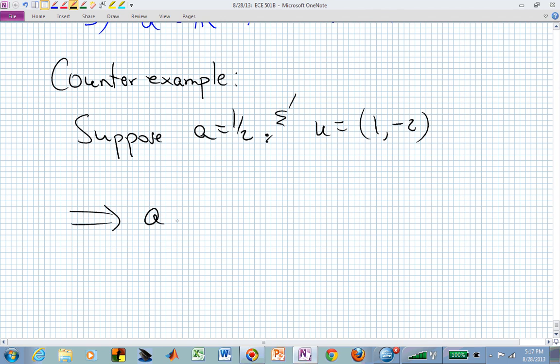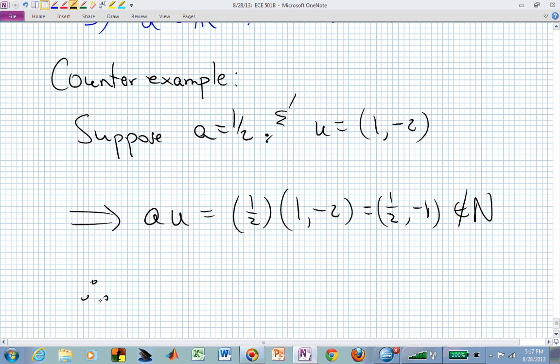So now we can see that a times u is 1/2 times (1, -2), which is (1/2, -1). And that's not in our subset. So we're not closed under scalar multiplication. In this case, we've shown that N is not a subspace of R2, even though it is a subset.